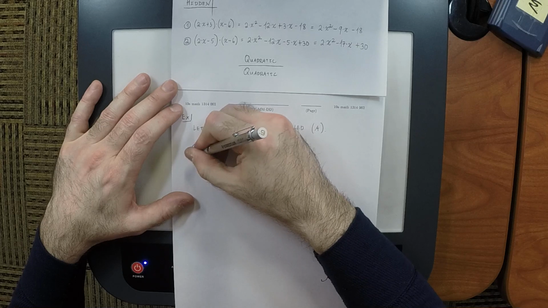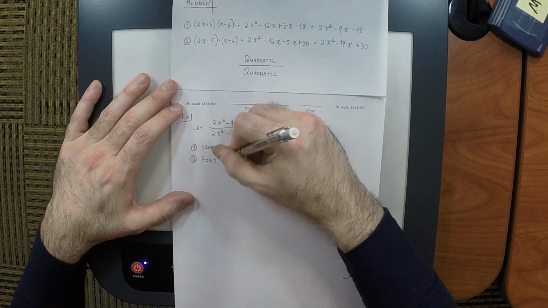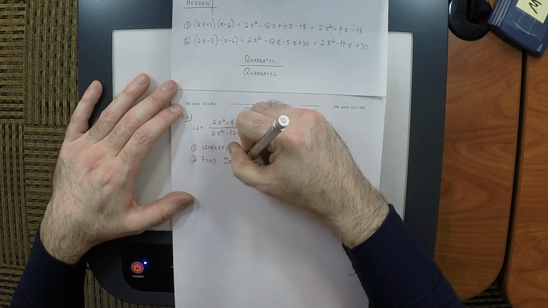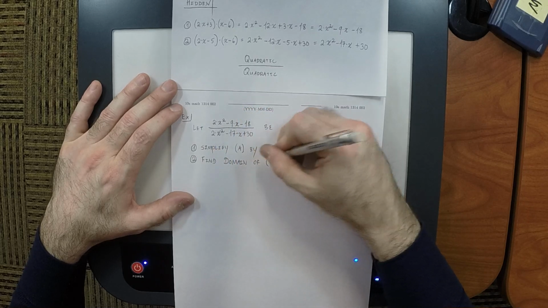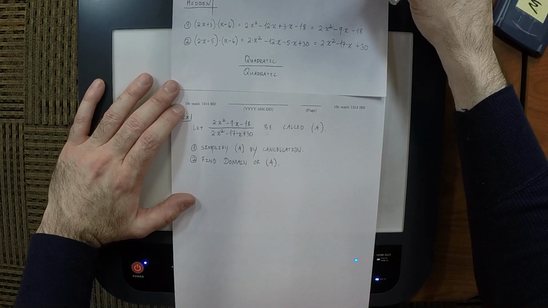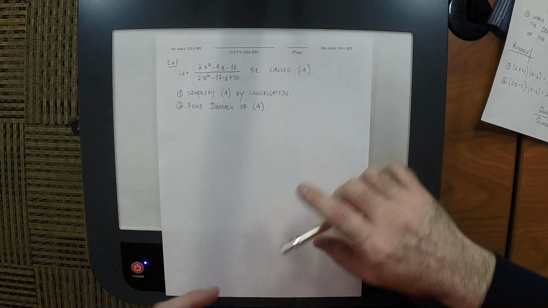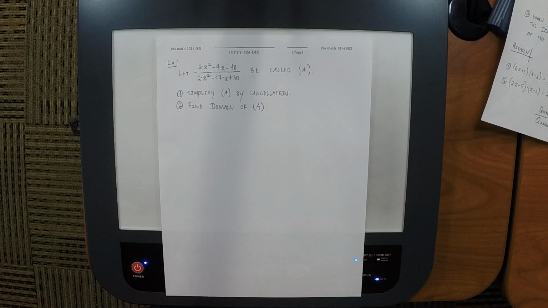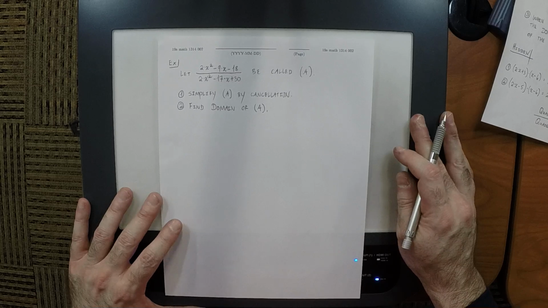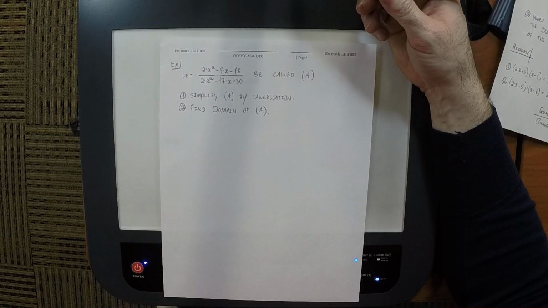And two, find the domain of A. All right, and these part 1 and 2 are definitely related. So we want to simplify by cancellation.